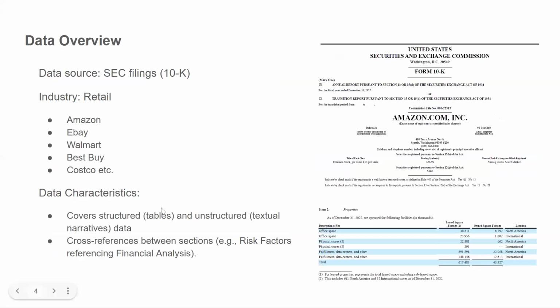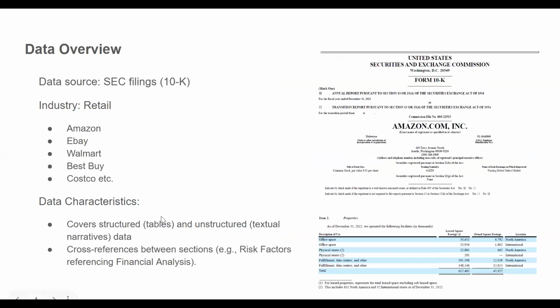So next, I will give an overview of our data and pre-processing steps. So our data is the SEC 10K filings. You may have a question about what is 10K. A 10K is a financial report that publicly traded companies file with the Securities and Exchange Commission, which is called SEC.